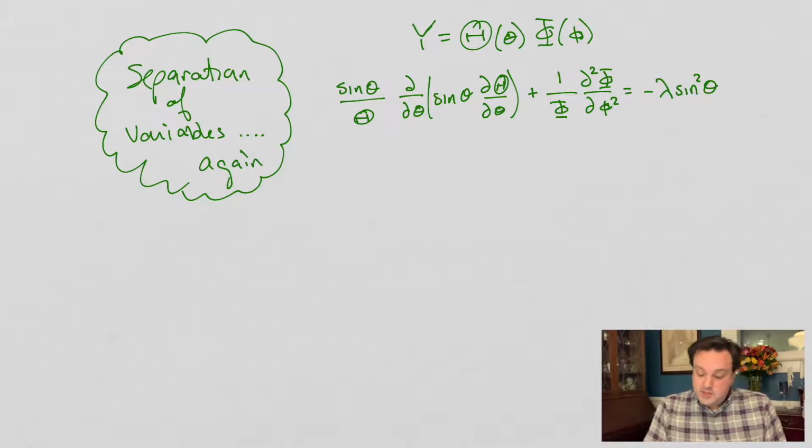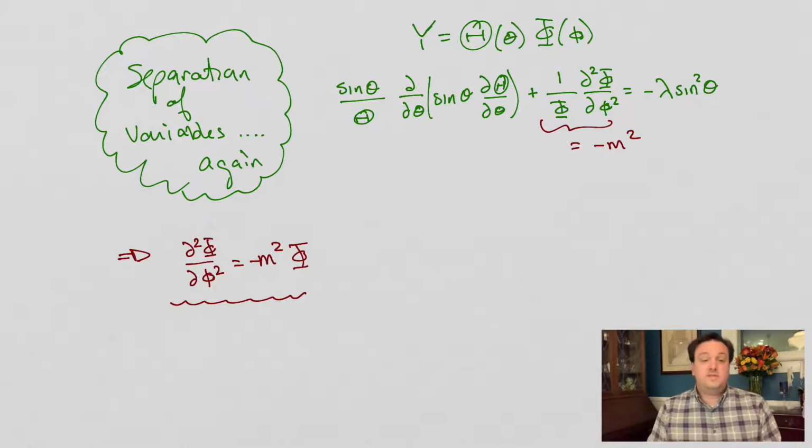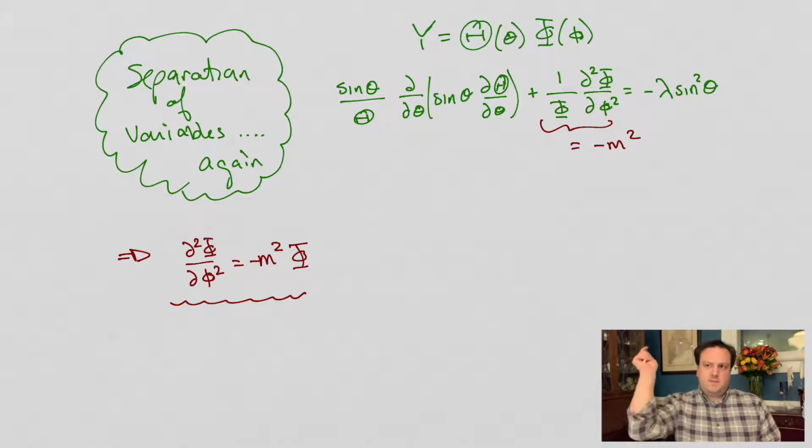And what I want to notice here is that this second term on the left-hand side now only depends on phi, right? In the same way that we identified all the terms that depended on the angles and excised them, I'm now going to take the term that depends on phi and excise it. If I call that thing a constant, because if I'm looking in the theta direction this thing is constant, I end up with the Schrödinger equation, right?